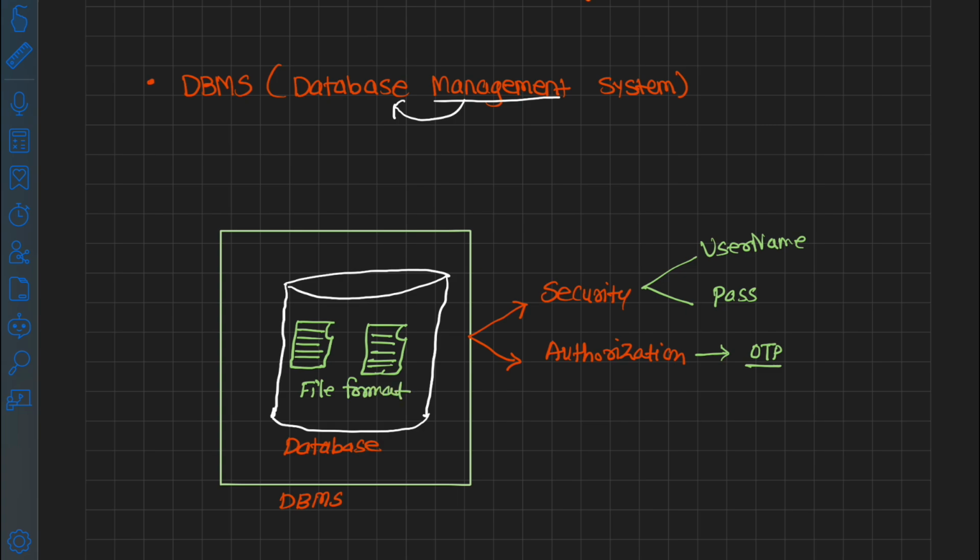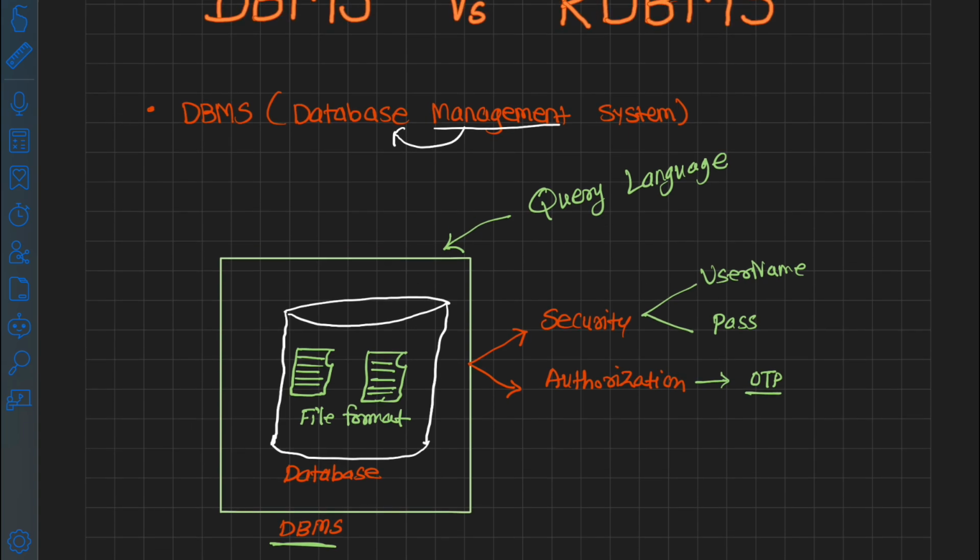And the last point is that for the DBMS, we use a query language to communicate with the DBMS. Which language? Query language. So we successfully got 4 points using this graphical representation.